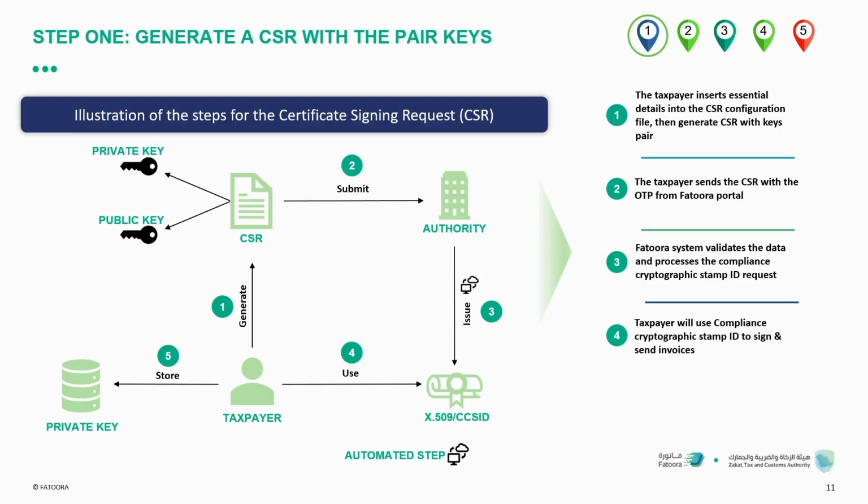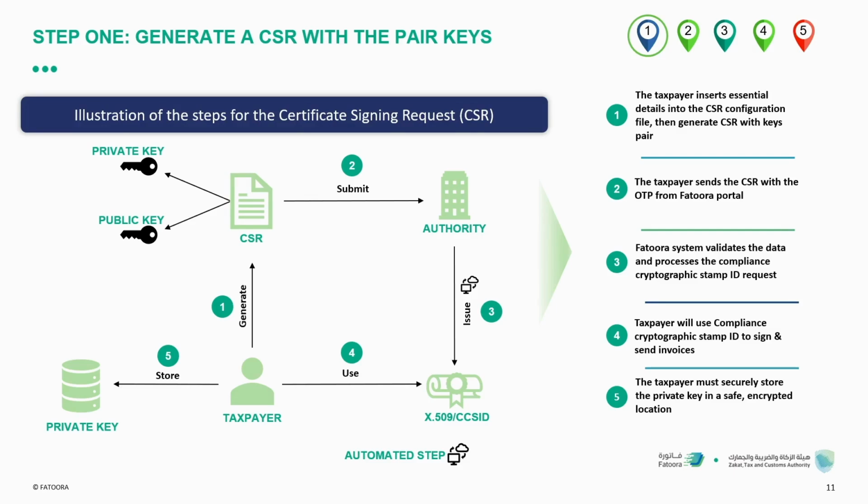It is also important to note that the taxpayer must store the private key in a secure and safe location. Each certificate is associated with one private key, which is required for other operations on the Fatoora platform. The private key and public key are known collectively as asymmetric cryptography. They work together to secure data and protect sensitive information.